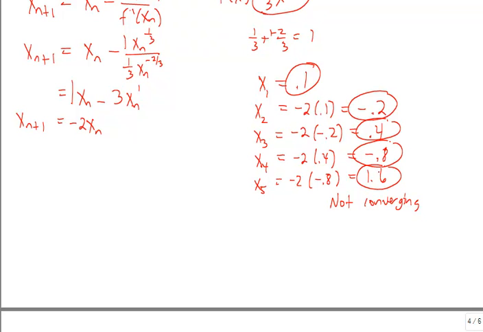So if you think of a number line here, where here's 0, 0.1 is here, then negative 0.2 is here, and then 0.4 would be here, negative 0.8 is over here, 1.6 is over here. So you're jumping back and forth across that 0, and each time the next guess is getting further and further away from 0. So they're oscillating and they're not converging. So in a case like this, we would say that Newton's method fails to work.